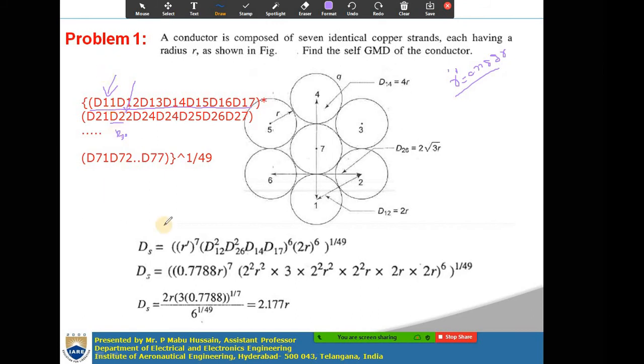D11 to D77, which is 7 distances. So this will be R1 dash whole to the power of 7, where R1 dash is 0.7788 R.